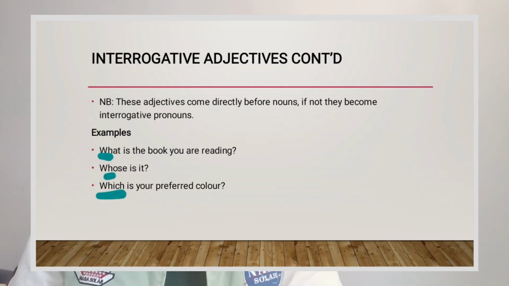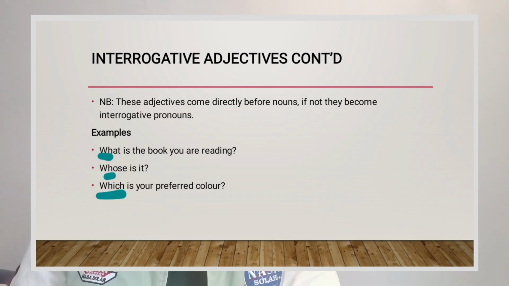They come directly before nouns. If not, they become interrogative pronouns. For example, what is the book you are reading? This is no longer an interrogative adjective, but an interrogative pronoun. Whose is it?